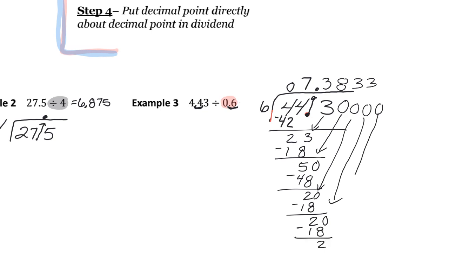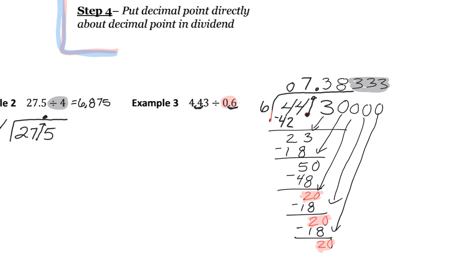But I'm noticing something when I do this. If you notice, these last couple, I have 20 as my remainder. I keep on getting 3 here, right? Keep on getting 3 there. So that tells you that this is now going to become a repeating decimal.